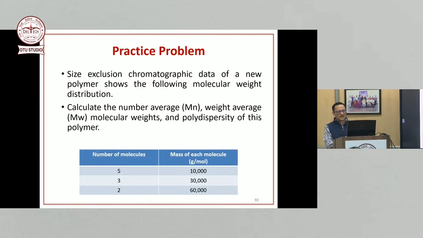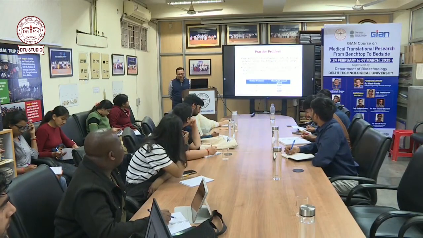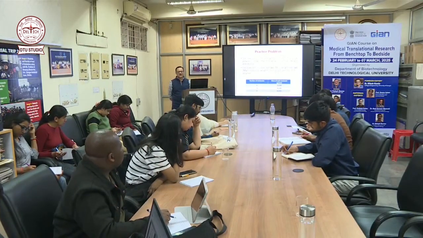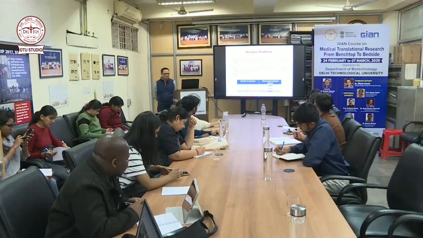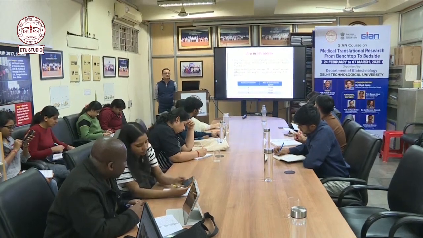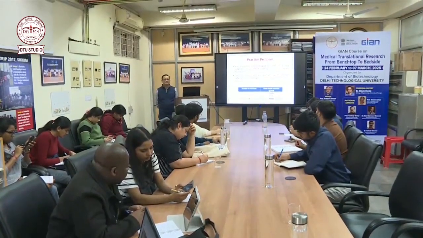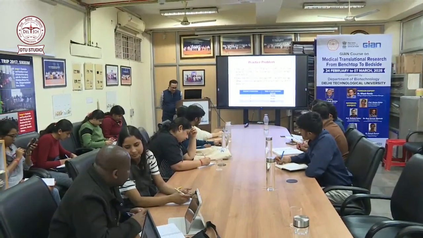Okay, so you have to calculate weight average molecular weight, number average molecular weight, and polydispersity index. But look, it's so easy if you think. Summation NiMi divided by summation Ni. It's the total NiMi. So summation NiMi means N1M1 plus N2M2 plus N3M3.